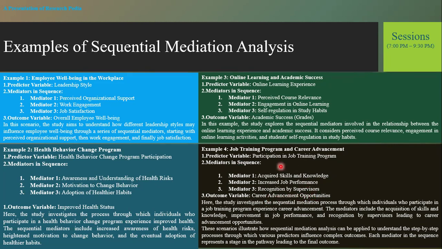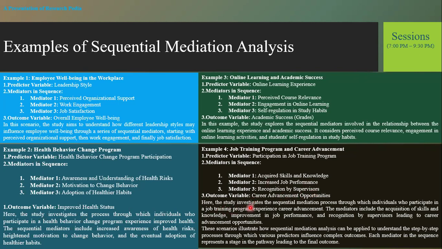So you want to analyze how your participation in job training program impacts the career advancement options, using a number of mediators like acquired skills and knowledge, increased job performance, recognition by supervisors.